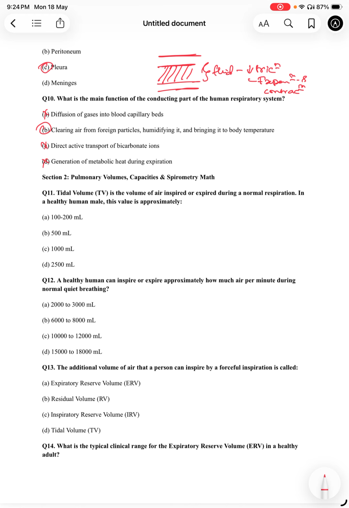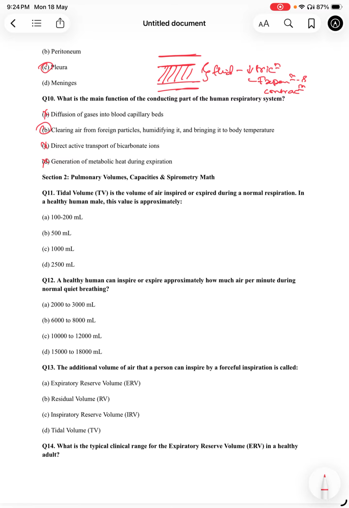Next section is pulmonary volumes, capacities, and spirometry. This is very important. This is the most fun where the questions keep repeating. So we'll be continuing with this. Tidal volume is the volume of air inspired or expired during normal respiration.